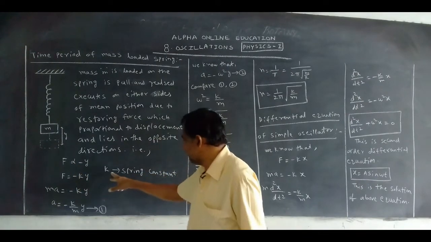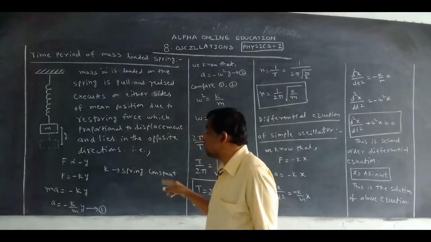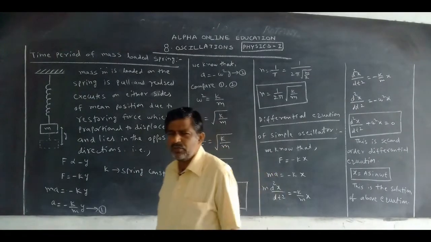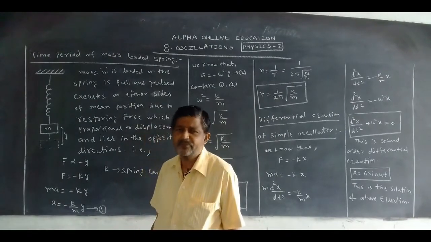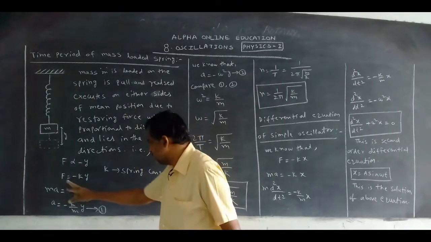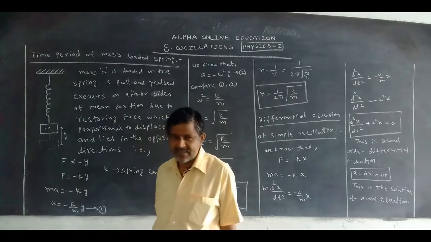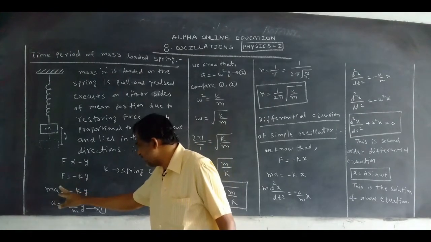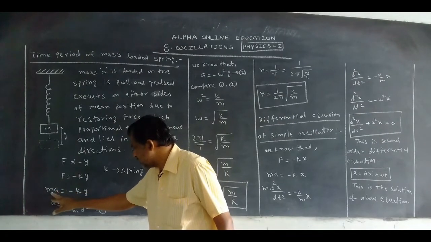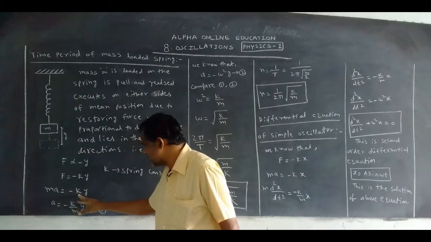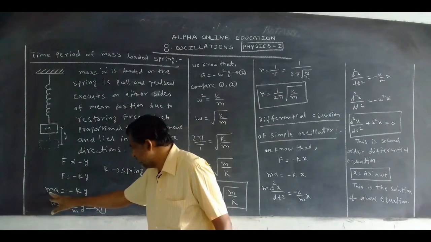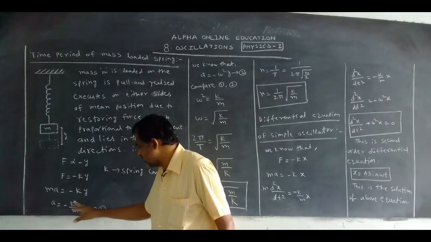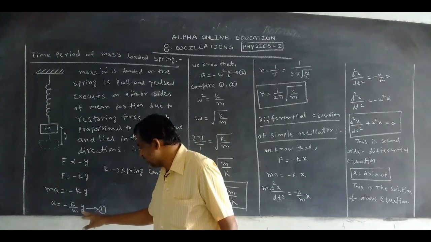This constant K is called spring constant. We know that from Newton's second law, F is equal to how much? Ma. Write ma instead of F, ma is equal to minus Ky. Take this m to the denominator, a is equal to minus K by m into y.